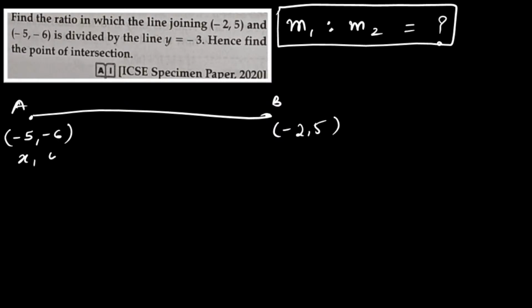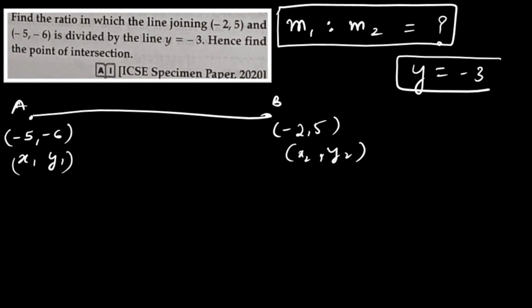I'll write them as x1, y1 and x2, y2. So this line segment is divided by some line y is equal to -3. Suppose some point P is there. Point P is on the other line, which is y is equal to -3.